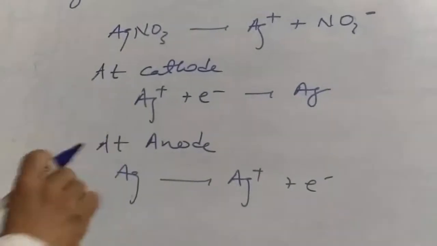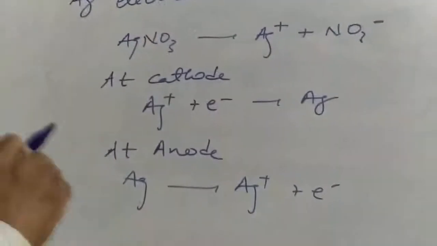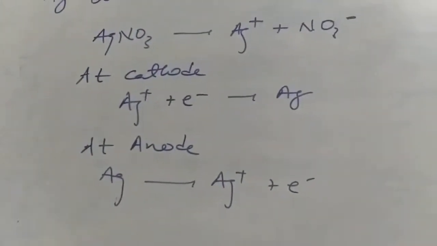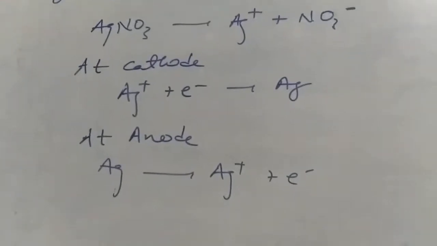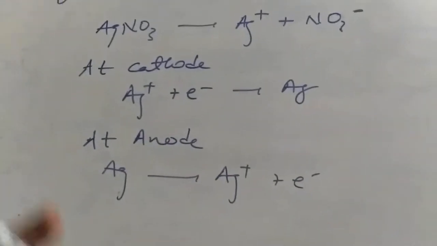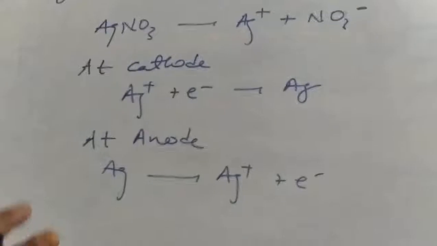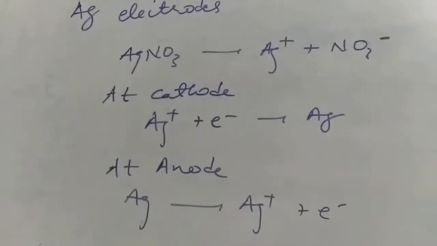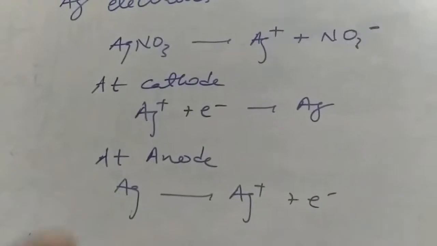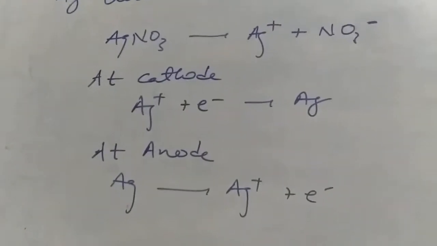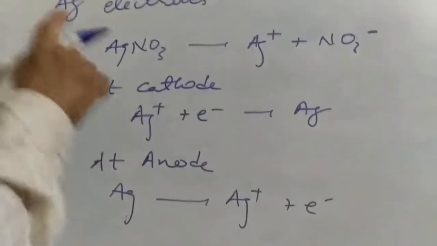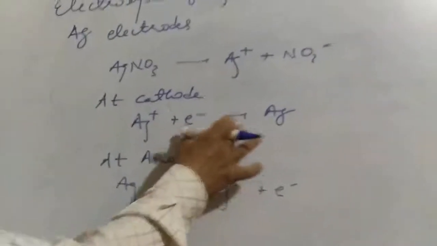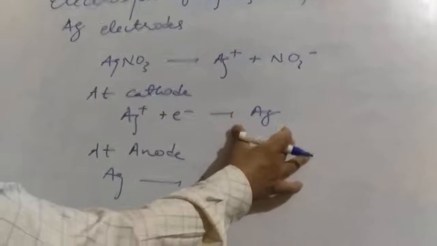So whenever you are asked to write the products, if you are electrolyzing silver nitrate solution, please see what I am using as electrodes. If I am using platinum electrodes, their role is only to carry out the charge. But if you are using same metal electrodes, then they are also going to participate in a reaction. And here you can see your anode keeps on dissolving while your cathode will become thicker and thicker.